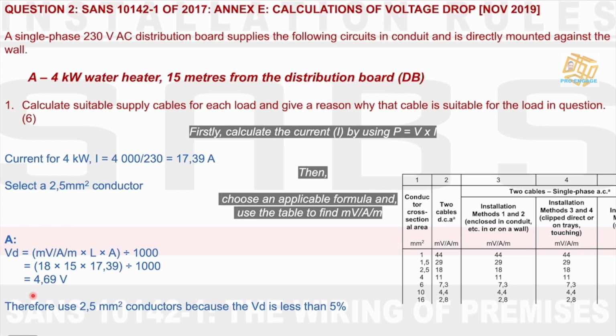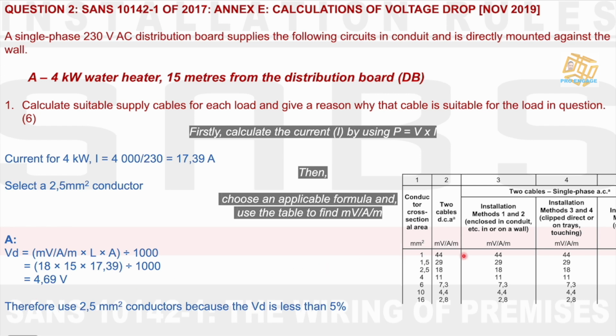I say voltage drop for circuit A equals mV/A/m times L times I divided by 1000. I find my value for millivolt per ampere meter according to my table.